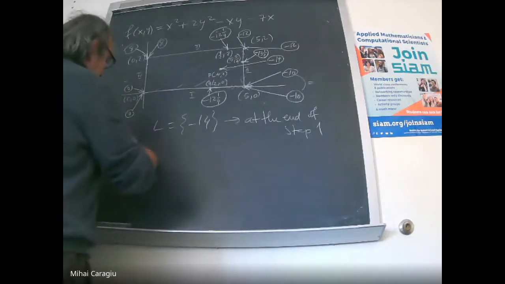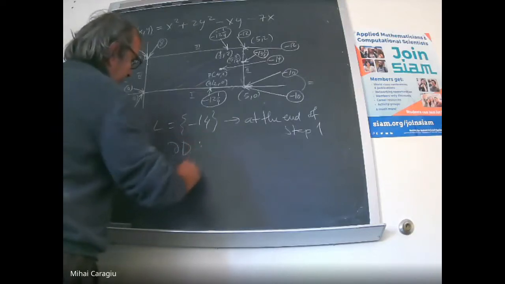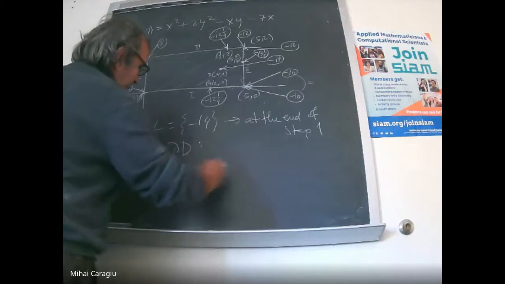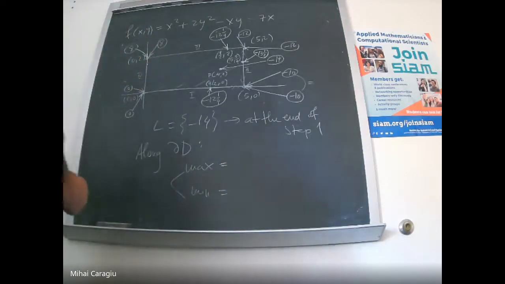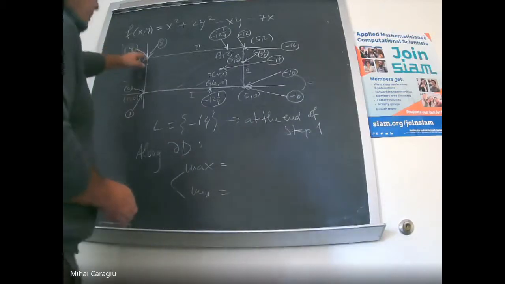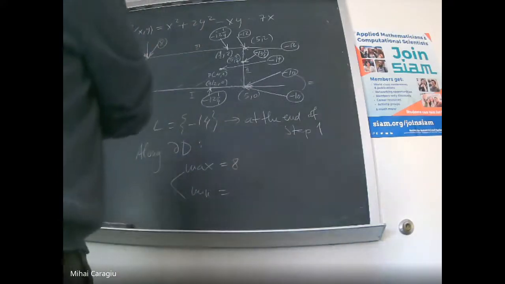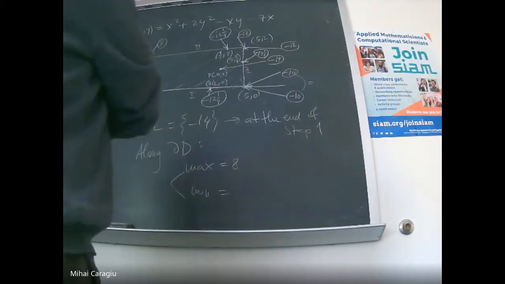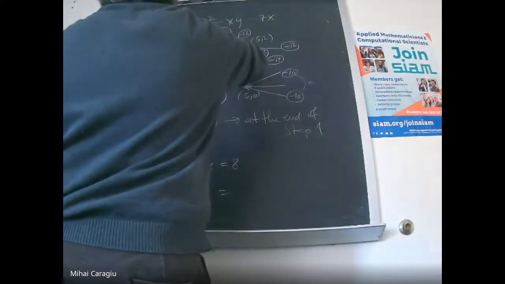So along the boundary of the domain D, the maximum and the minimum, let's see. The maximum along the boundary will be just this 8. The maximum will be 8. And the minimum along the boundary will be, at this point, minus 13 and 1/8.